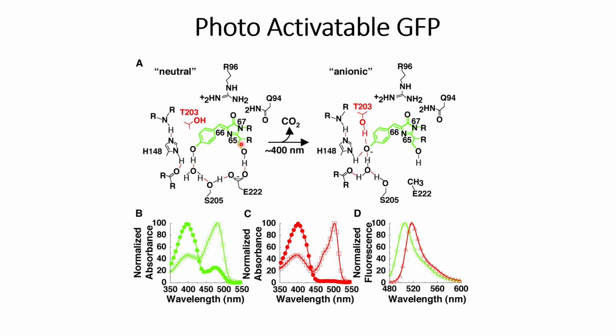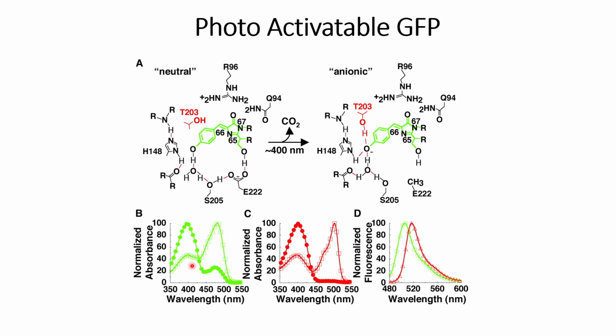And this has been explained by panel B. In the case of non-activated GFP, we can see two signals. The first absorbance is around 400 nanometer, and the second, minor absorbance is around 475 nanometer. So this is without activation.